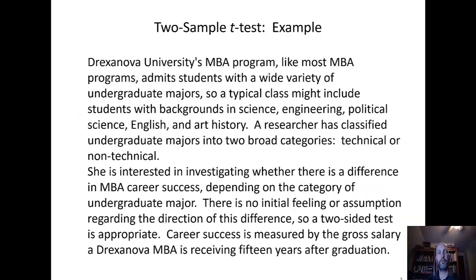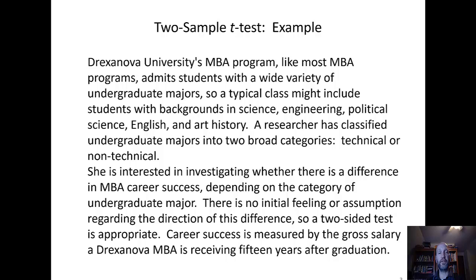Here's a typical example for a question like this. Drexel Nova University has an MBA program, and they admit all sorts of different students. A researcher has decided that all undergraduate majors can be classified as either technical or non-technical. Technical would be things like math, engineering, and science. Non-technical would be English, art, political science, and so forth.